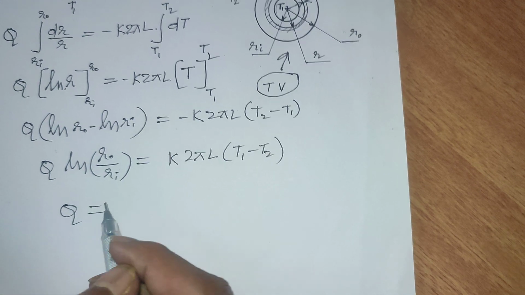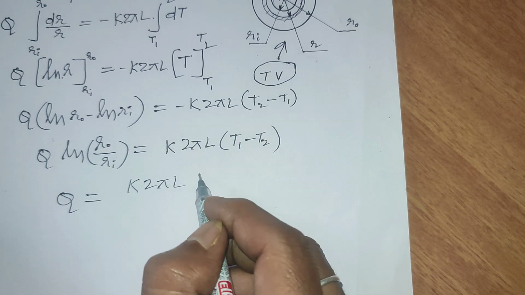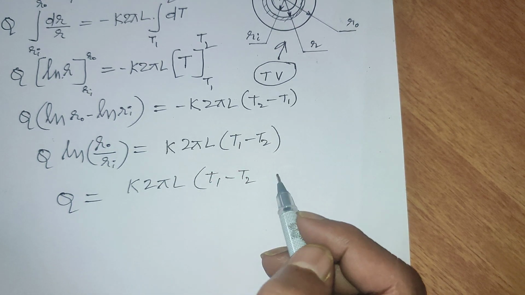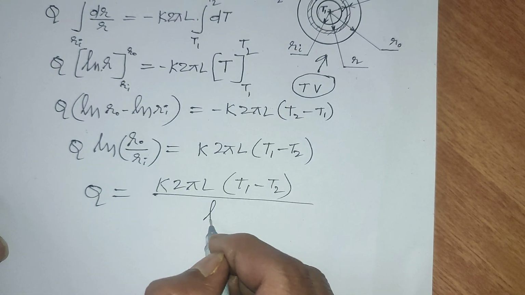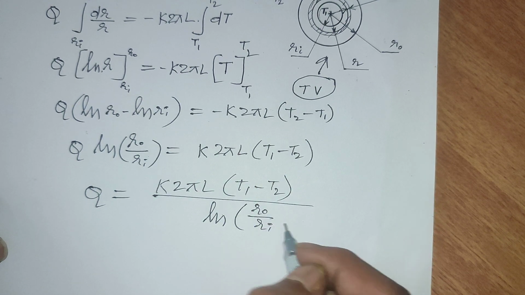Therefore Q is equivalent to k 2 pi L T1 minus T2 divided by ln r0 by ri.